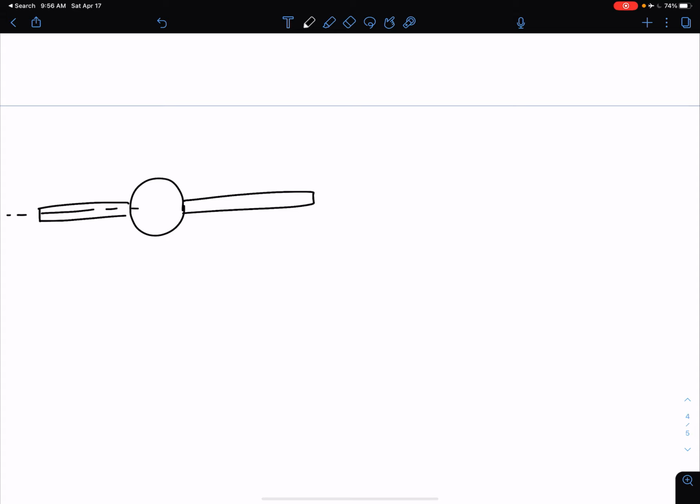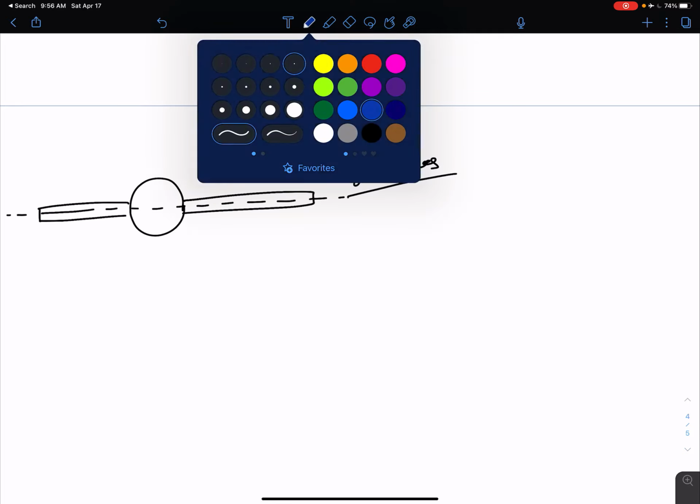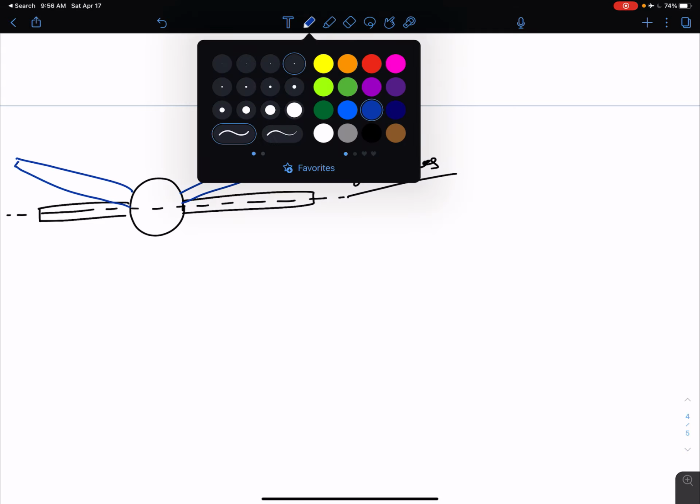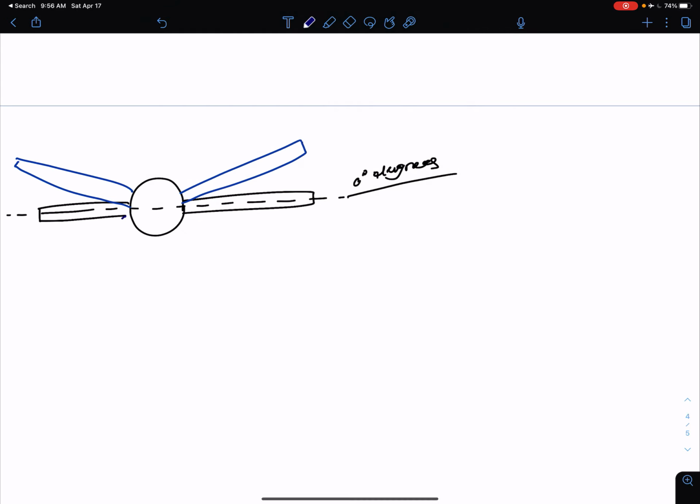So the wings always are making 0 degrees with this plane. And to answer your question, I should say that is not always the case. That is actually not the case a lot of the time. We can have angled wings. We can have this type of angle. We can also have this type of angle.